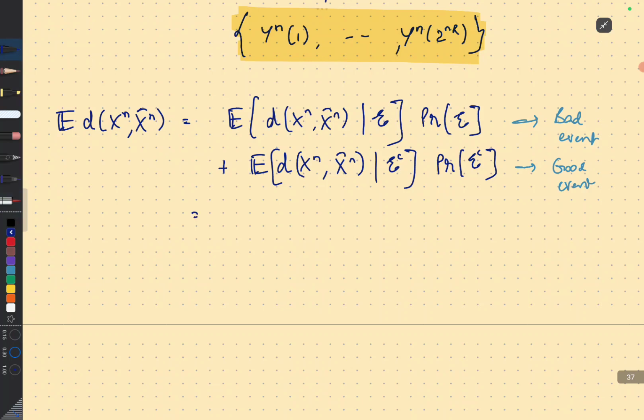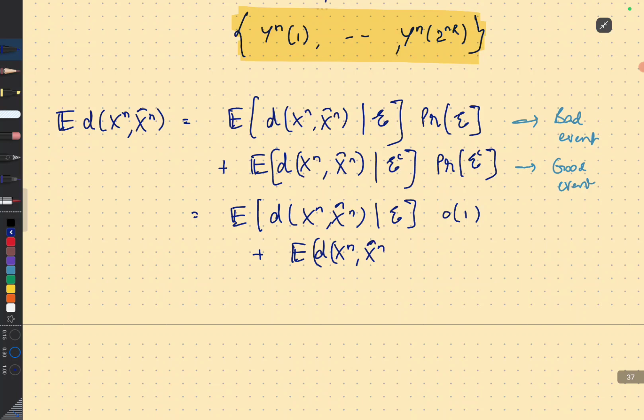So this is equal to the expectation of d of xn, x hat n given the error event, times something that's very small, plus the expected distortion between xn and x hat n given the good event, times 1 minus little o of 1.